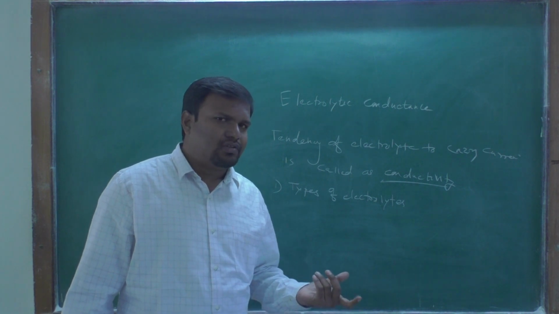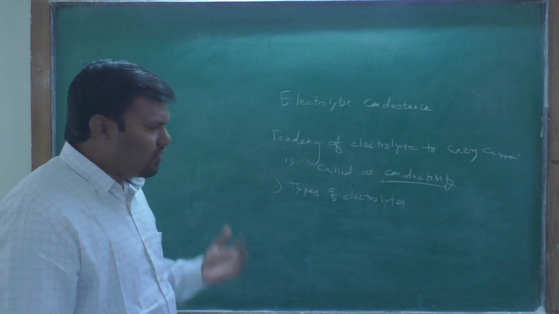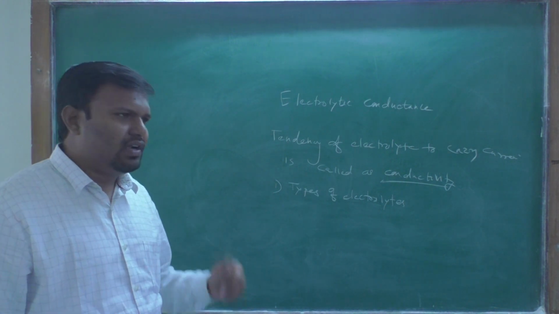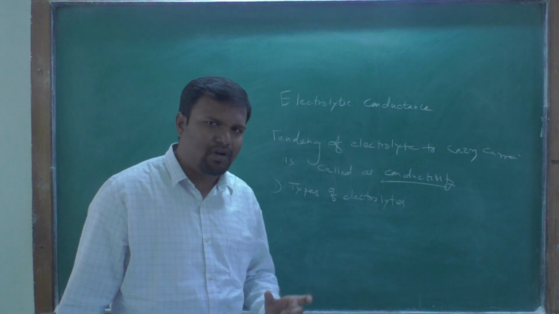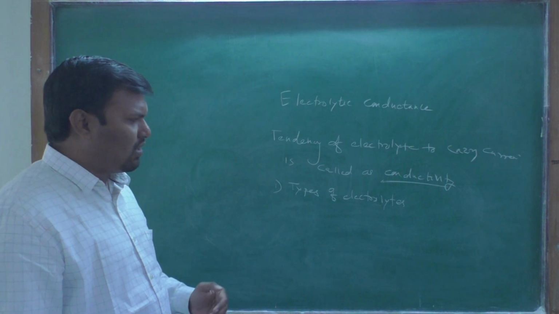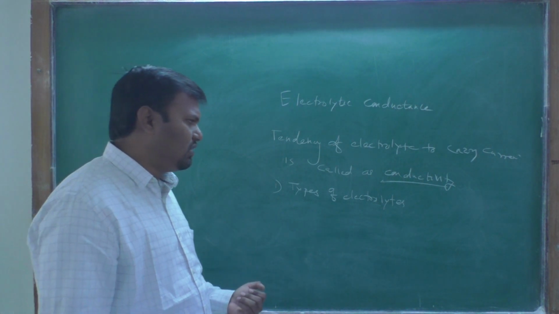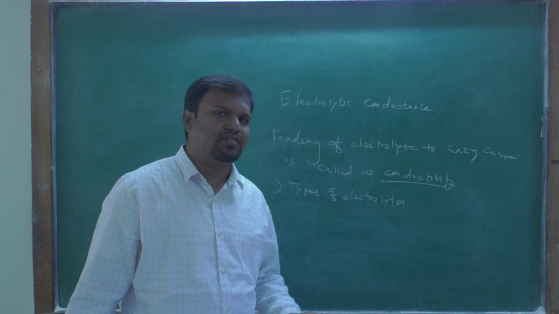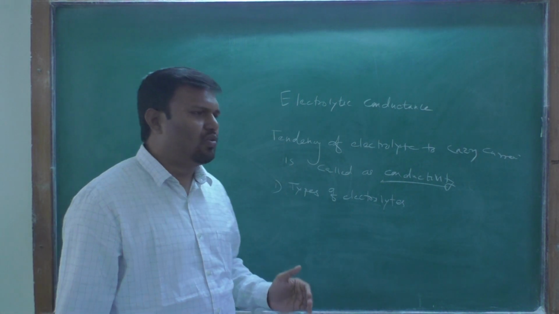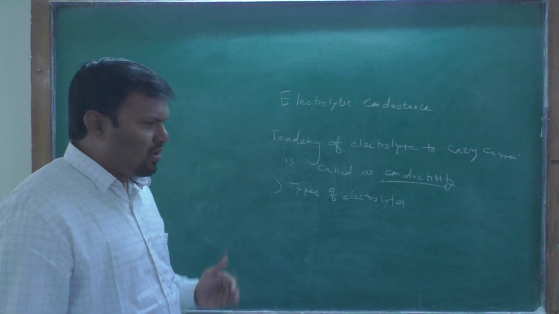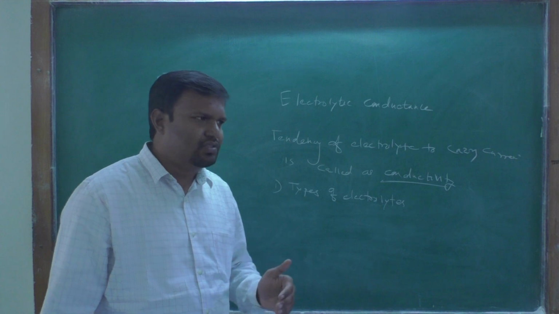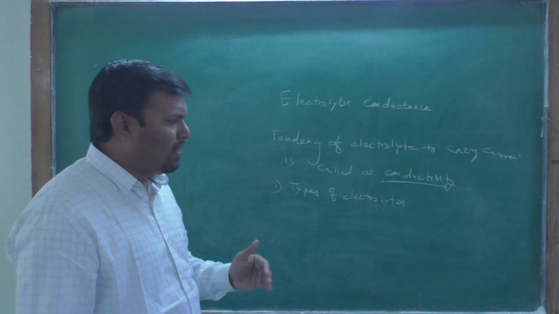We have told that the number of ions produced by the electrolyte in aqueous solution is responsible for carrying the current. Therefore, the type of electrolyte means whether it is strong or weak. If it is a strong electrolyte, the number of ions produced is more, which is responsible for more current.